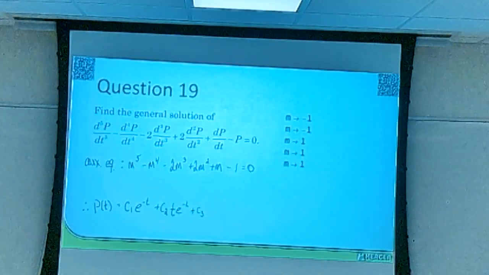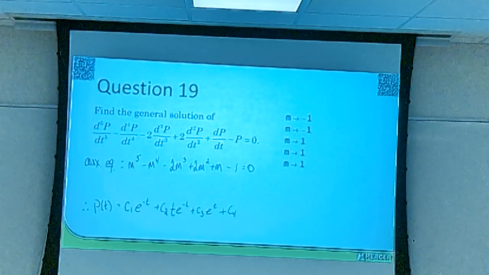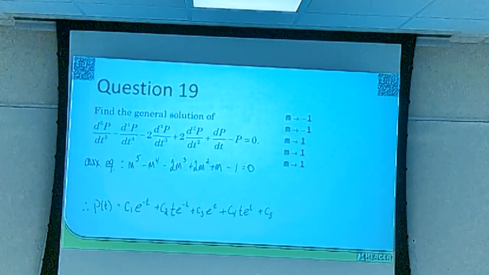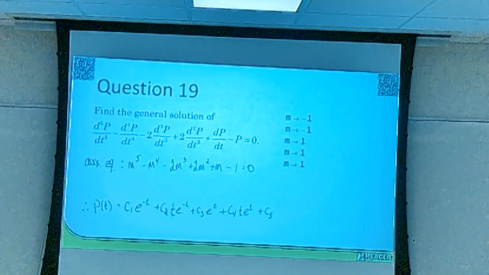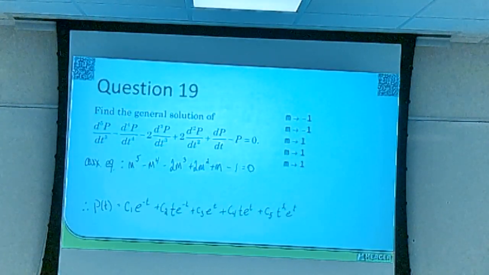Plus C3, root is 1. That's the first time it's come up, so it's C3 e to the t. C4, root is 1. We've already had it, so t e to the t. Plus C5, root is 1. We already had it twice before, so t squared e to the t. And there's your general solution.